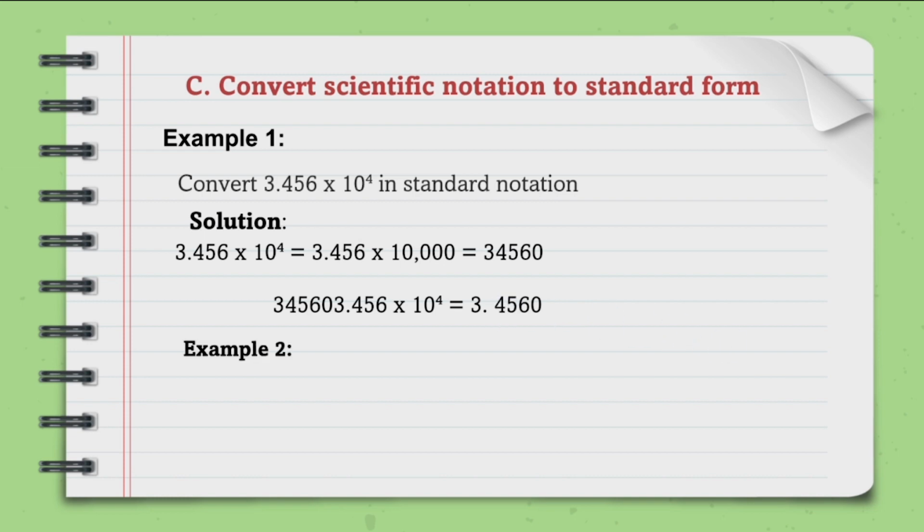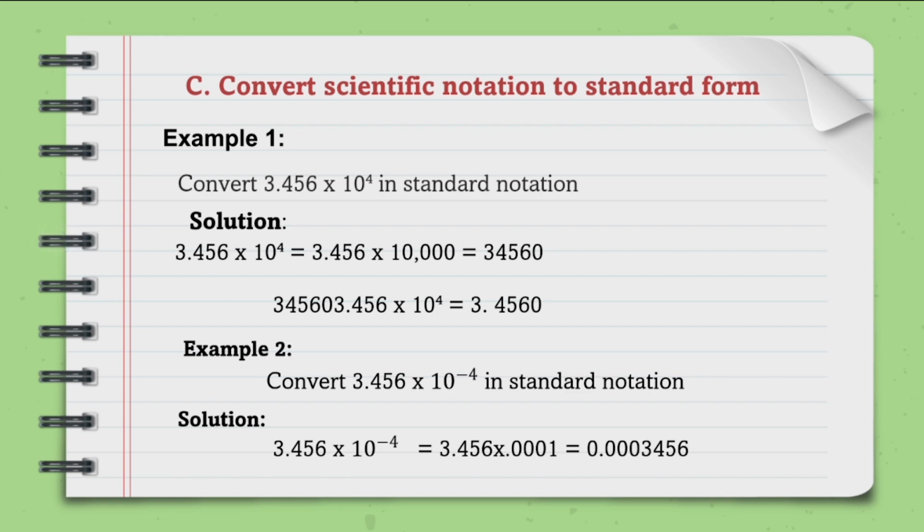And also we have example 2: convert 3.456 times 10 raised to negative 4 to standard notation. Solution: the equivalent of 10 raised to negative 4 is 0.0001. So if we multiply 3.456 times 0.0001, it will give us 0.0003456.